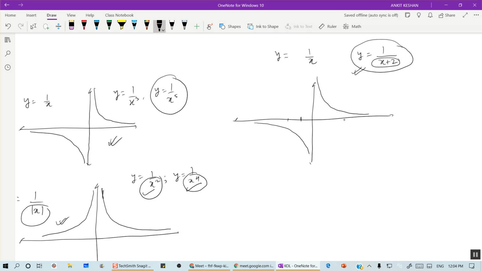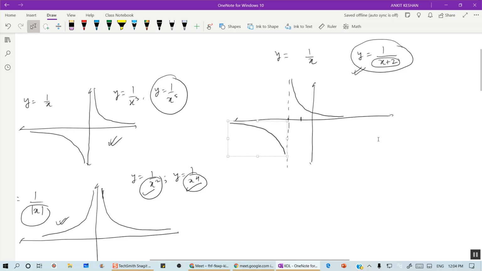So this is -1, this is -2. Now this will act like our y-axis, and now our entire graph will shift. Clear?